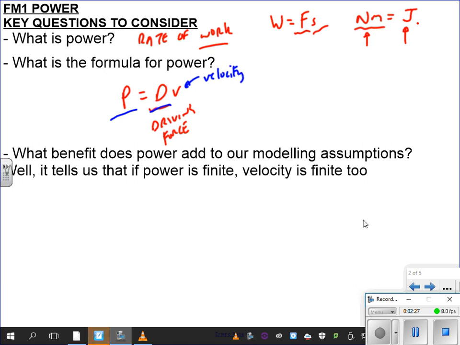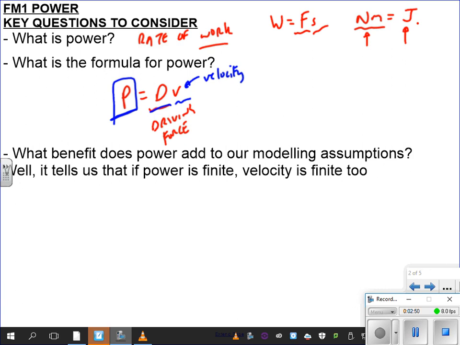So V can be changing, and therefore D will be changing, but P is a fixed power number. Your engine has a maximum power and it has a range below that, which it can reach. And at any given power, you'd have a corresponding velocity and a corresponding driving force.